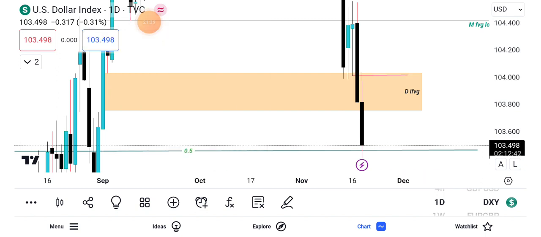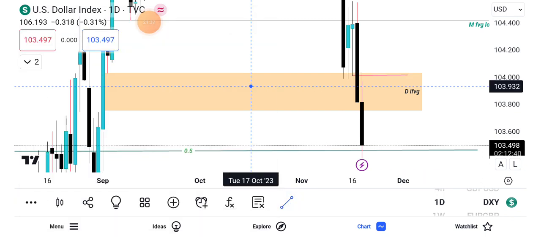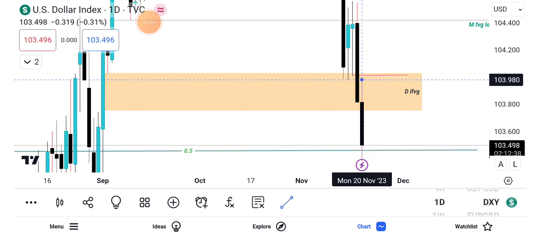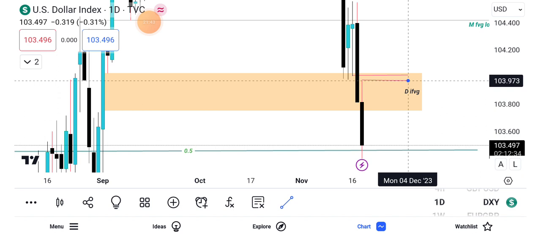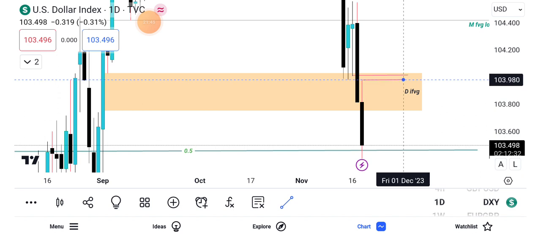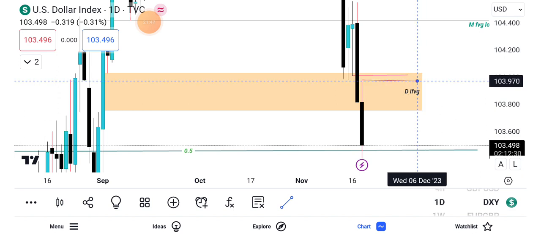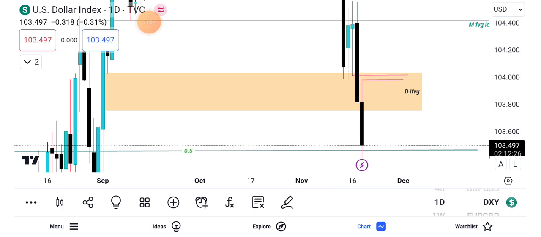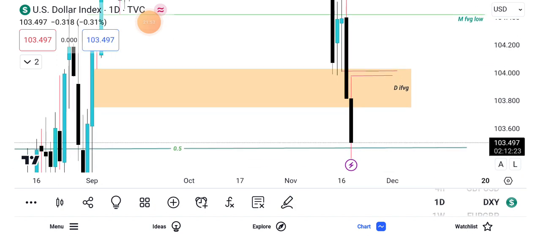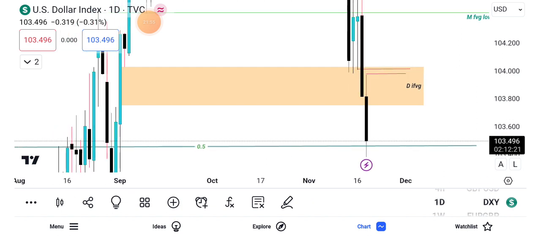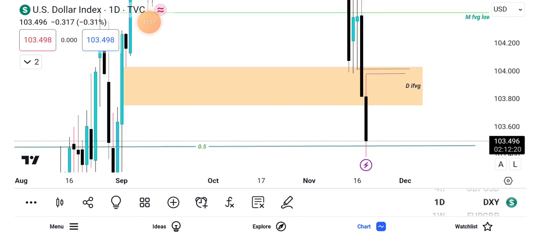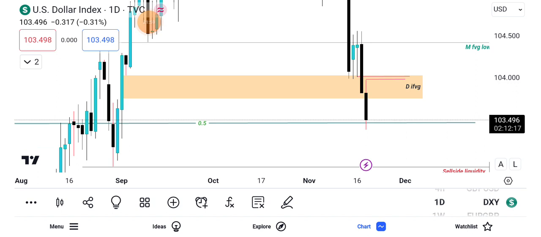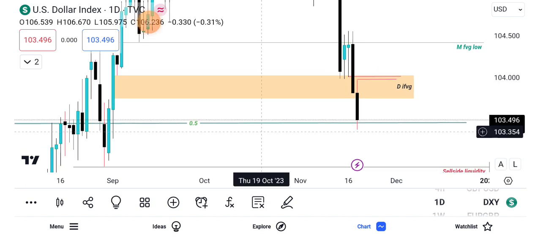We can't assume it. We have that daily fair value gap also inside this daily inversion fair value gap from these candles.